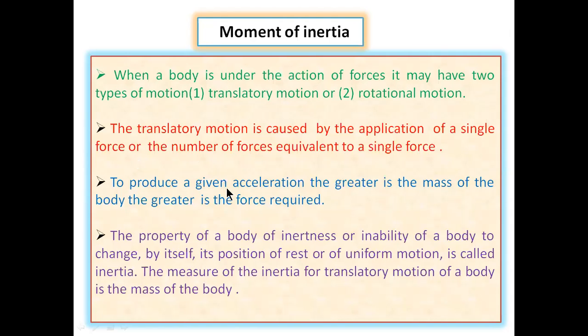To produce a given acceleration, the greater is the mass of the body, the greater is the force required. The property of a body of inertness or inability of a body to change by itself its position of rest or of uniform motion is called inertia. The measure of the inertia for translatory motion of a body is the mass of the body.